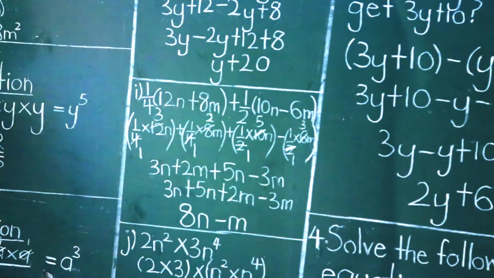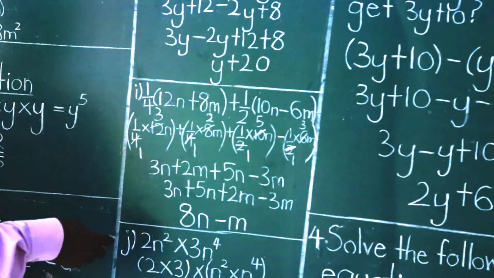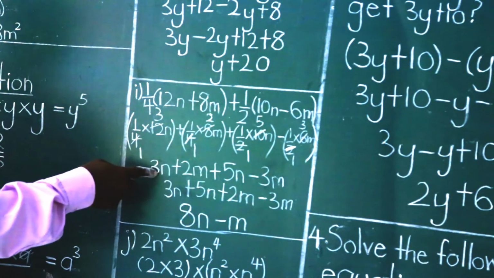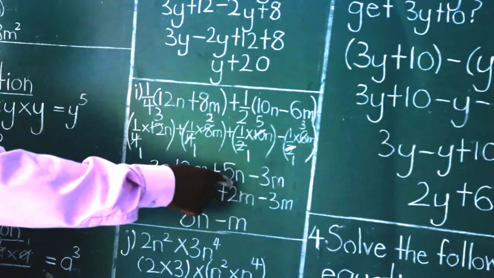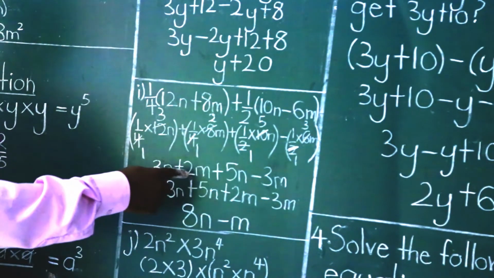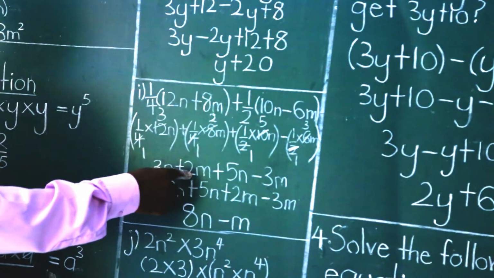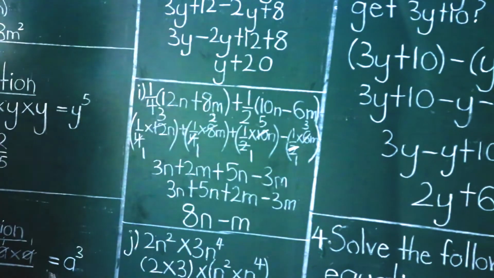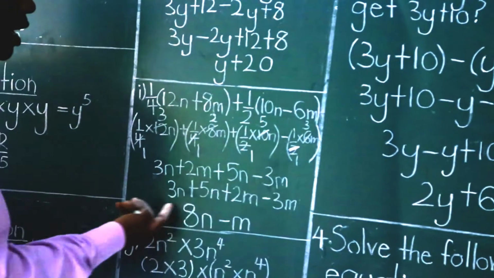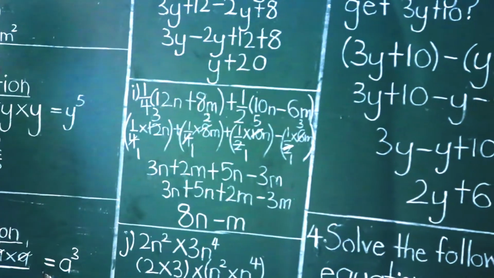You are going to gather the n's together and m's, maintaining their positivity and negativity. So I've got 3n plus 5n plus 2m minus 3m. So this is the statement you have when one collects like terms.